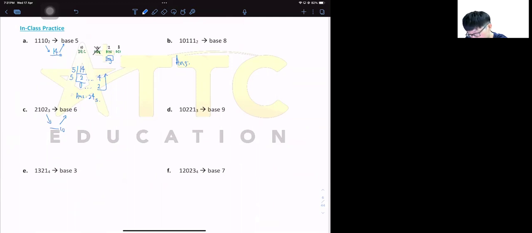10111. I press equals, and then you want to turn it into base 8 right away. So the answer is 27 base 8. Any questions? Notice what we did here: base 2 directly to base 8, possible using the calculator.